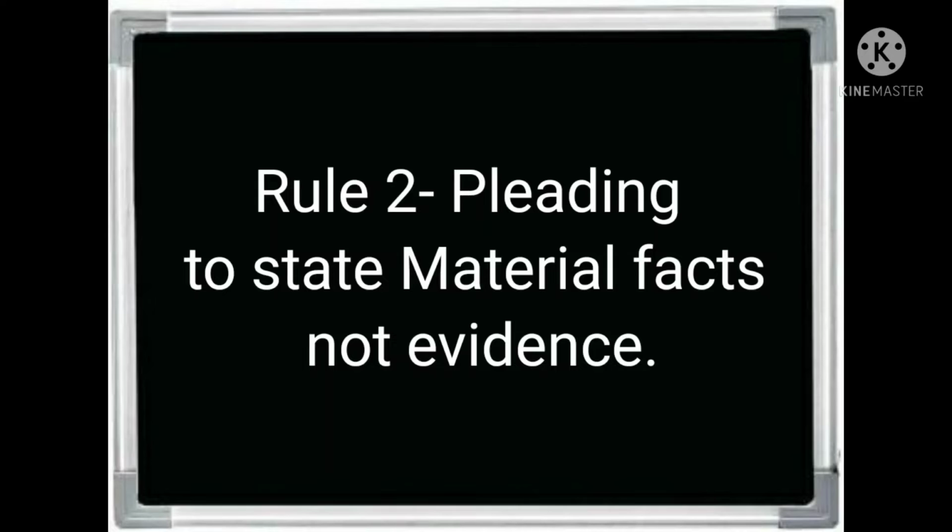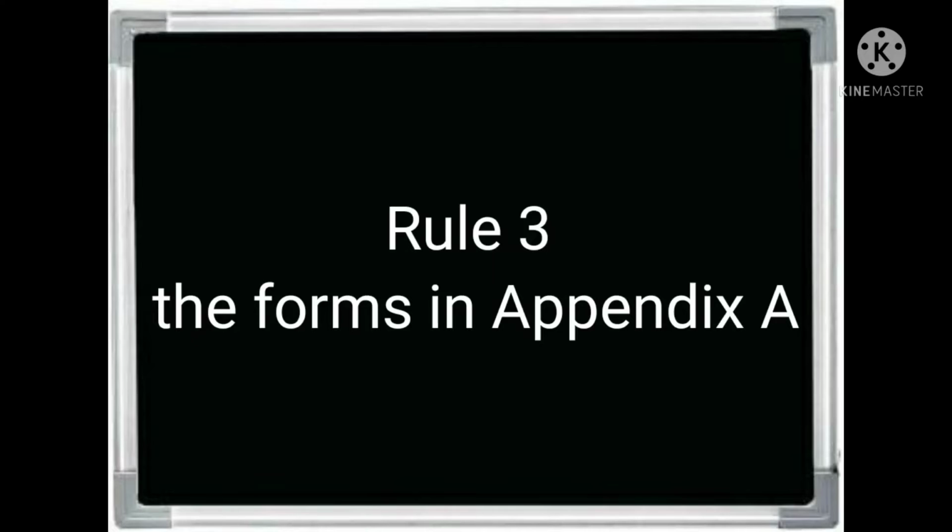That pleading must be divided into paragraphs and numbered, and each allegation shall be contained in a separate paragraph. What does sub rule 3 say? Dates, sums and numbers shall be expressed in a pleading in figures as well as in words. This is Rule 2 of Order 6.